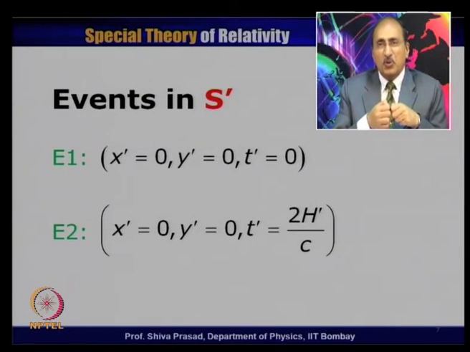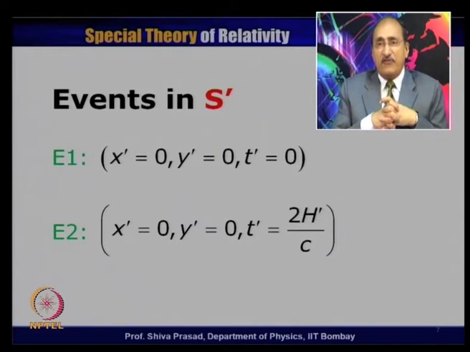Let us also assume that time according to the S prime observer was also 0 when light was emitted. So, it is easy to write the coordinates of event 1, which is x prime equal to 0, y prime equal to 0 and t prime equal to 0. So, the light was emitted from the origin of S prime, and at that time the watch of the observer S prime was showing a time equal to 0.